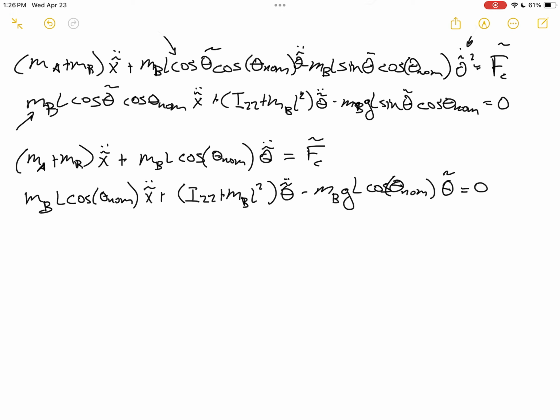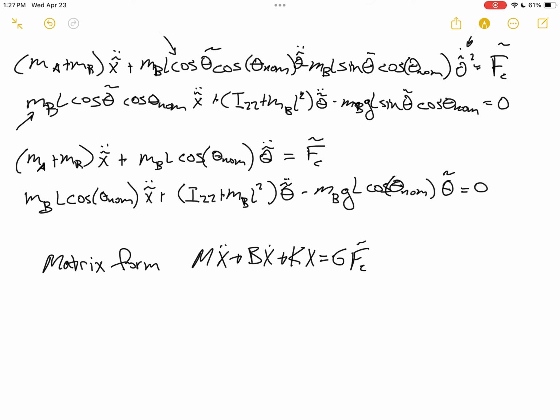And so that was the first thing that we said we were going to do in this video: linearize. The next thing that we're going to do is express these differential equations in matrix form. And we'll express it as second order: capital matrix M times x double dot plus B x dot plus K x is equal to some vector G times f_c tilde, where the vector x is equal to x tilde, theta tilde.